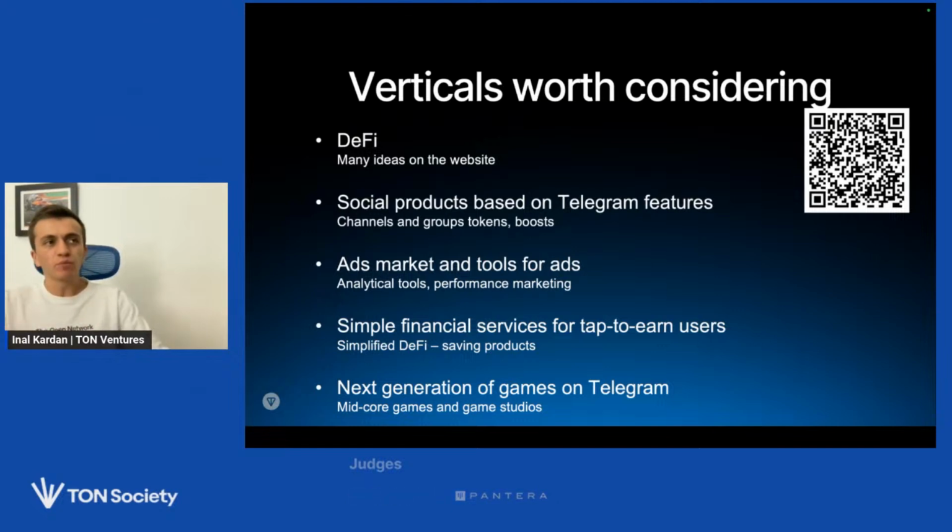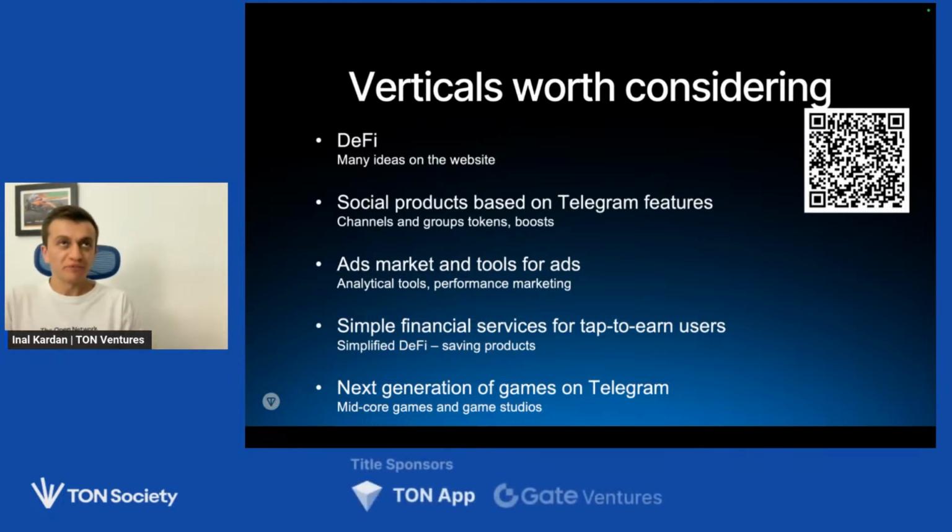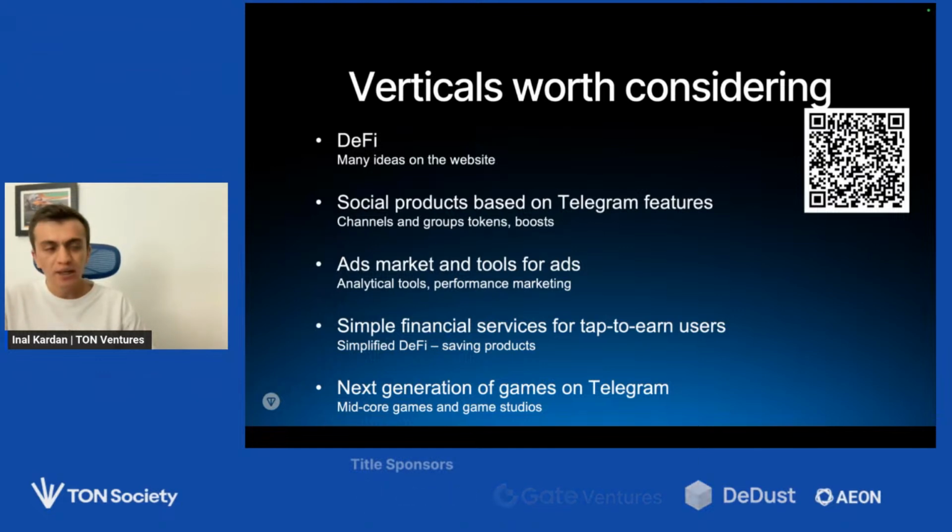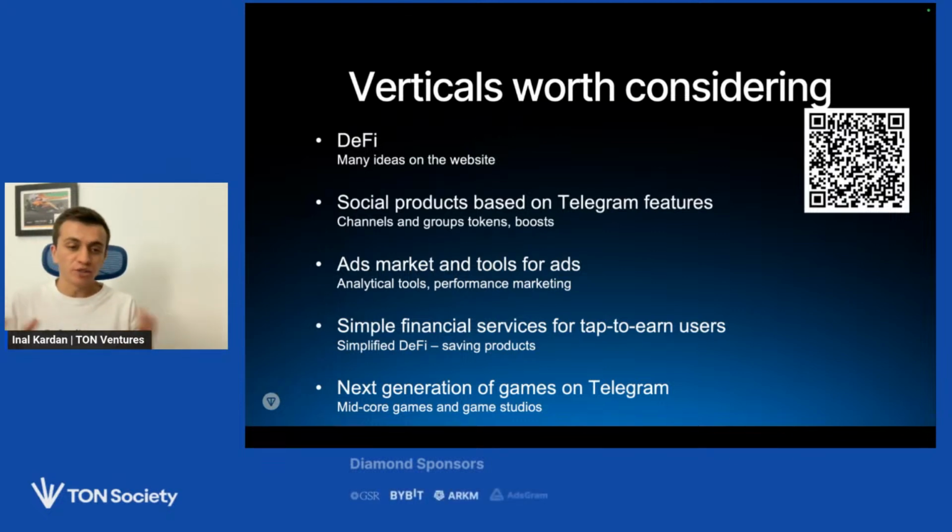And also, we speak a lot with investors, with VCs in the ecosystem, and most of them look not for a specific game, but for a good game studio that can iterate fast on all their different ideas. Again, the first idea is very important. Building social, viral, mid-core games can be great, but you have to be ready to iterate fast, because the traditional game market is always about hits.